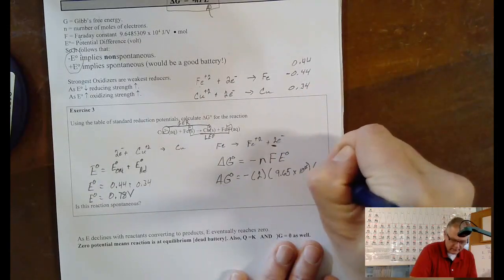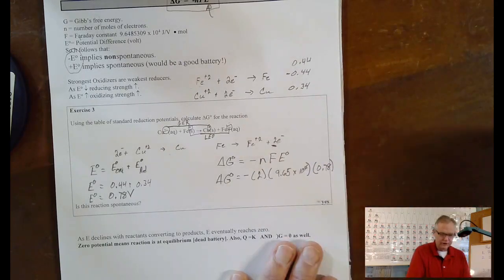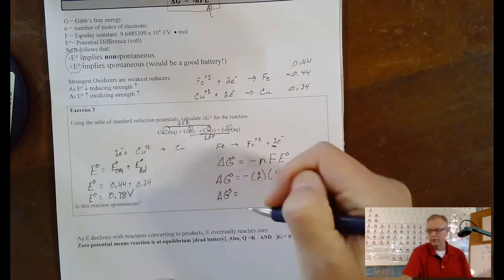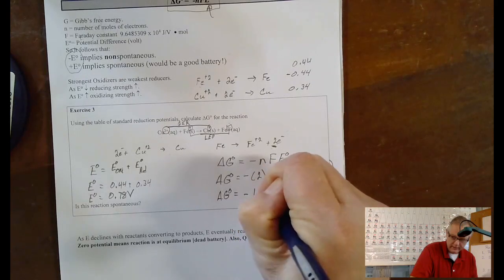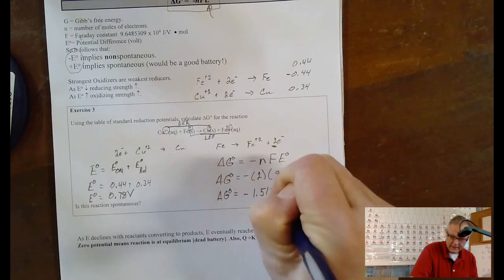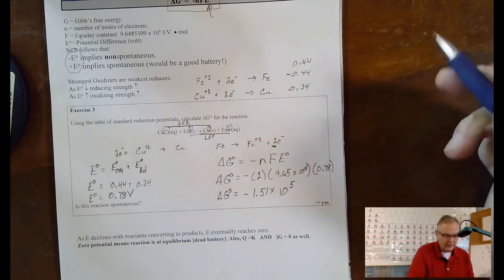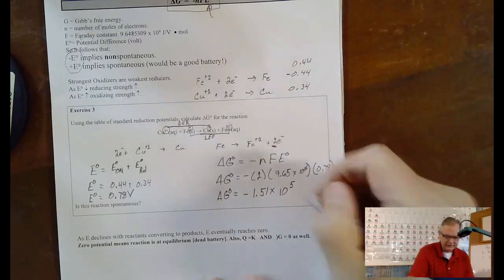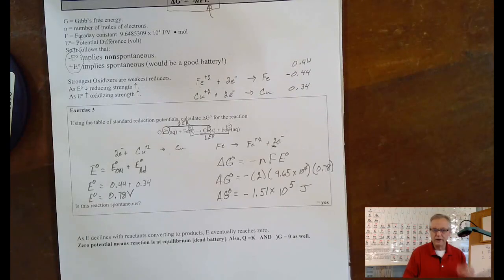So I'm going to come all the way back over here and substitute that E naught, 0.78 volts. So now my delta G is equal to negative 1.51 times 10 to the 5th. Now, the units for this, I'm not going to worry about because it would just be joules, because it's all energy, and your energy is measured in joules.